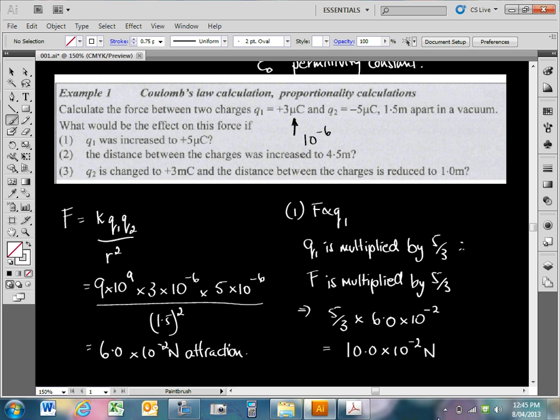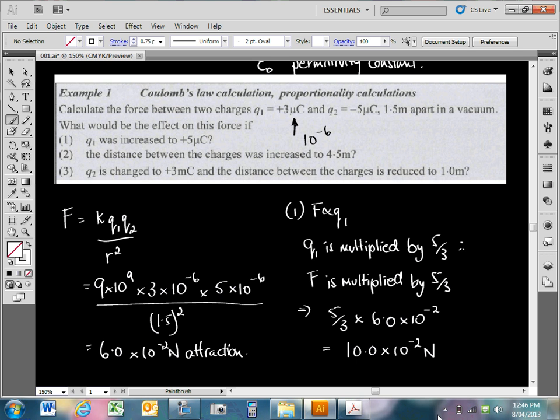What's that, sorry? It's not necessary to calculate the force? So you're saying give a qualitative value? Yes, you could.